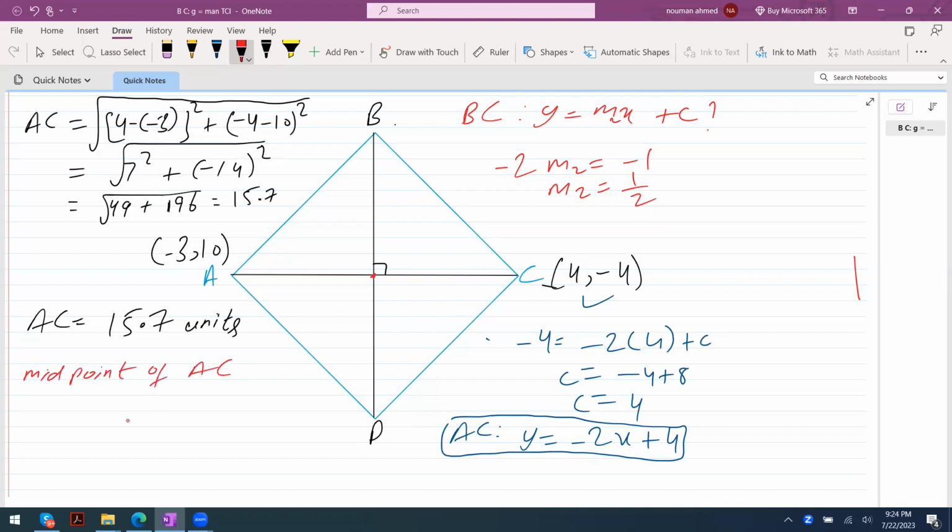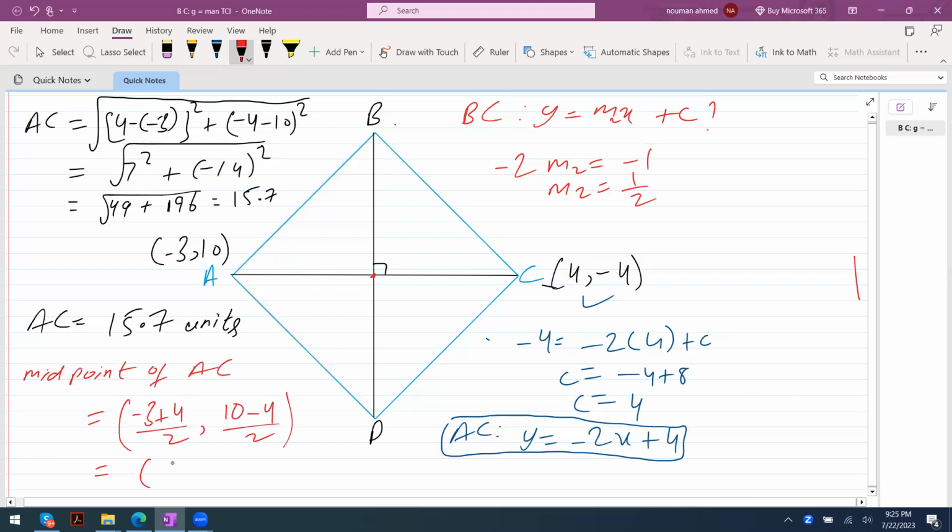Midpoint formula: x1 plus x2 divided by 2 and y1 plus y2 divided by 2. Minus 3 plus 4 divided by 2 and 10 minus 4 divided by 2. 1 over 2, 6 over 2, 3. So this is the point M, which also lies on BD.